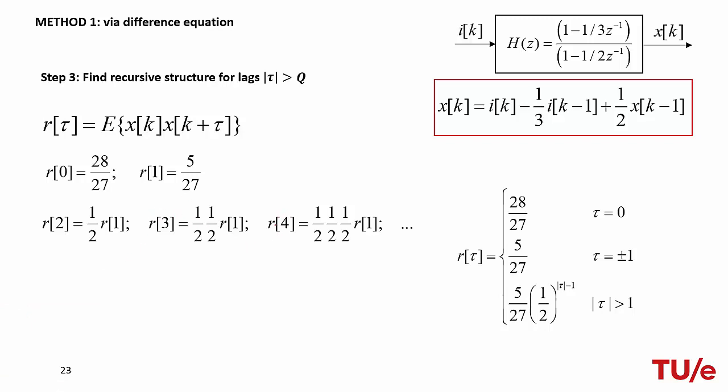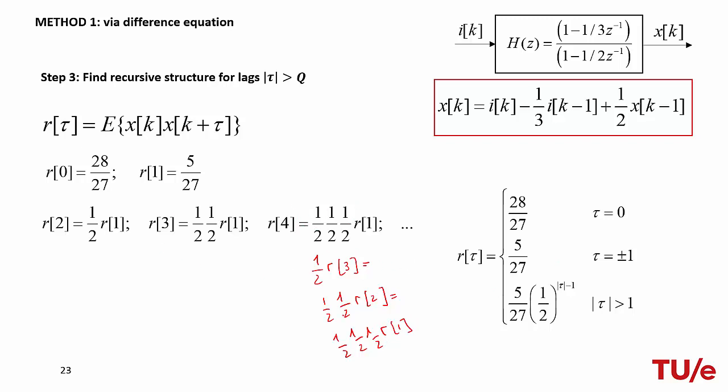If we calculate the autocorrelation at 4, we obtain something similar. We will obtain 1/2 times autocorrelation at 3, which is equal to 1/2 autocorrelation at 2, which is equal to 1/2 autocorrelation at 1. And we can go on the same for 5, 6, 7.